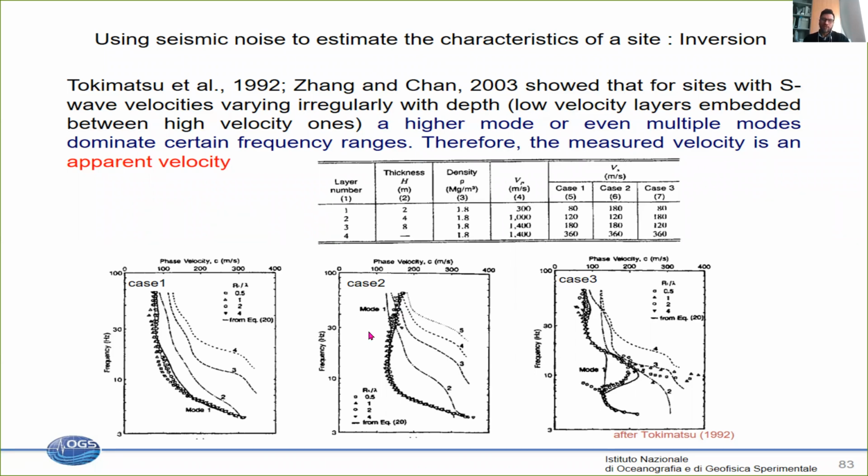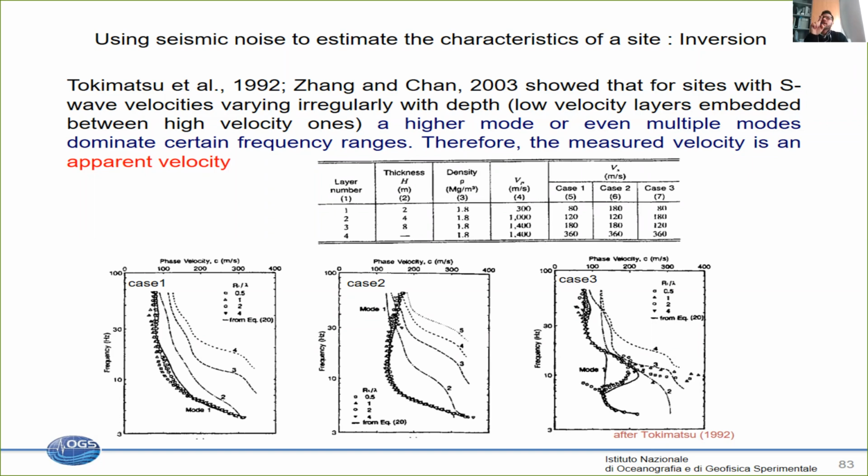For example, if you make an inversion forcing it to generate only a dispersion curve based on the fundamental mode, so that the fundamental mode fits your observed dispersion curve, which is apparent, then you will generate a strong artifact and large velocity variation in the model.